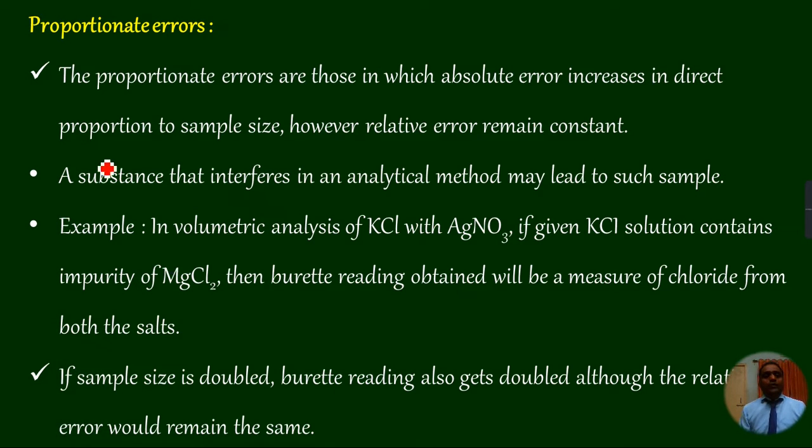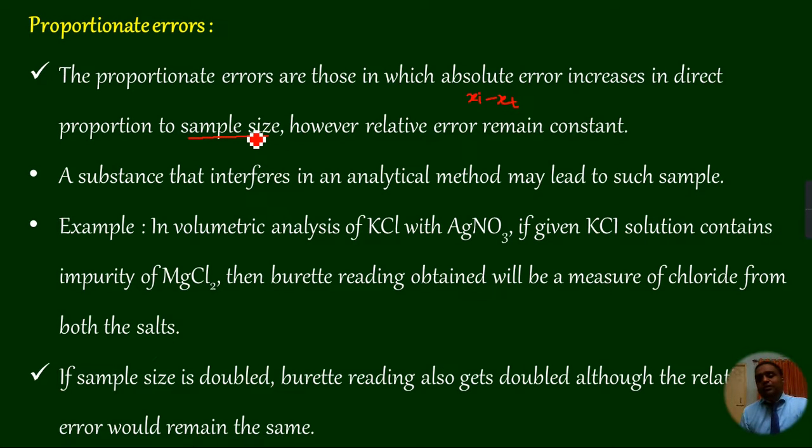Now this proportionate error is exactly reverse to that of a constant error. Proportionate errors are those in which the absolute error increases in direct proportion to the sample size. In this case, this absolute error, that is xi minus xt, increases in direct proportion to the sample size.